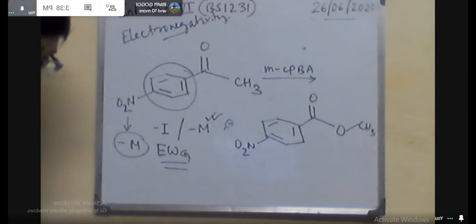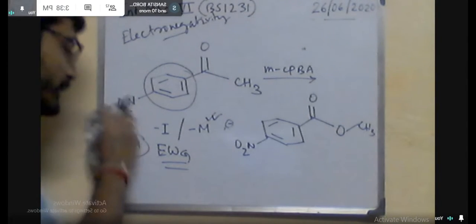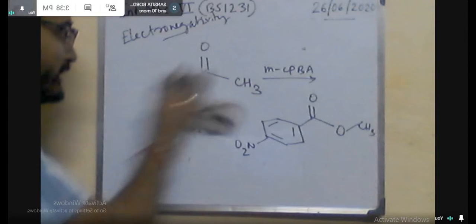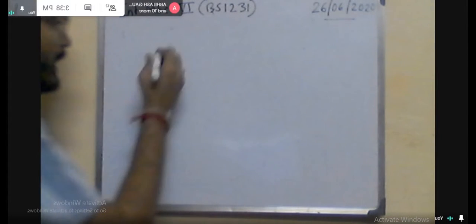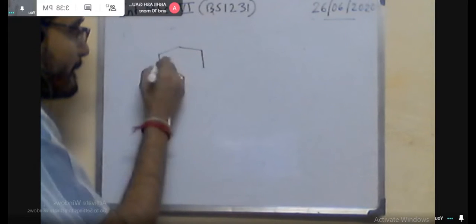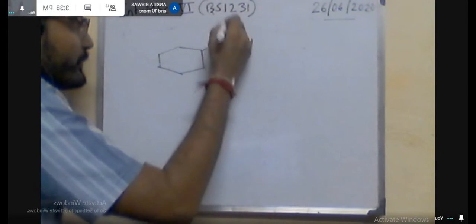That means here the carbon is attached with another carbon, carbon and hydrogen, and here the carbon is attached with 3 hydrogen. So this position will be migrated. So by performing the Baeyer-Villiger oxidation, you will get this product. Okay.